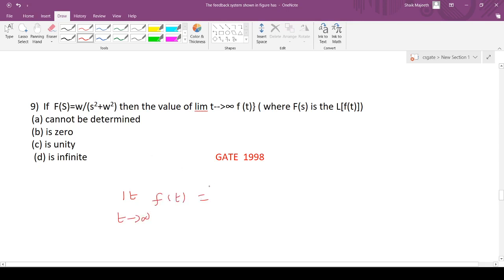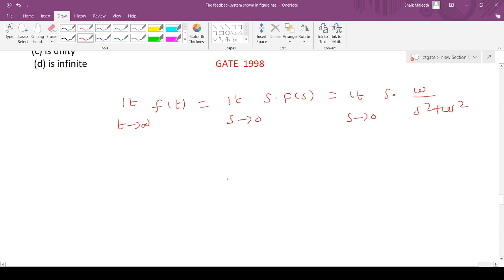F of s only they have given, so we use the final value theorem. So s tends to 0, s into F of s. Right? So we can write limit s tends to 0, s into omega by (s square plus omega square). But here you see, the poles are at s equal to plus or minus j omega.